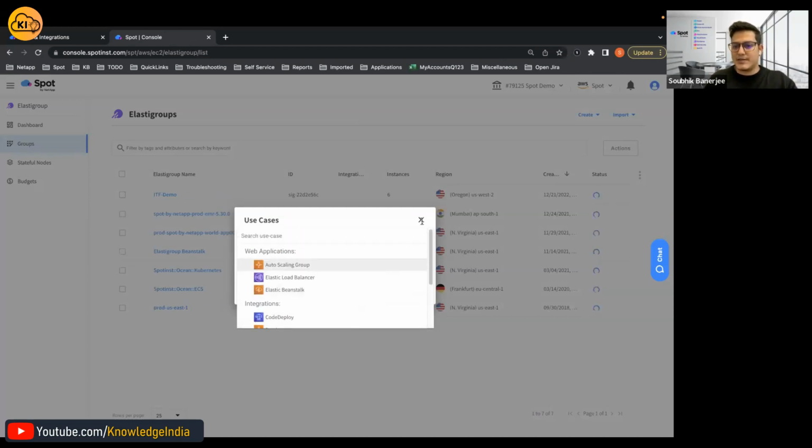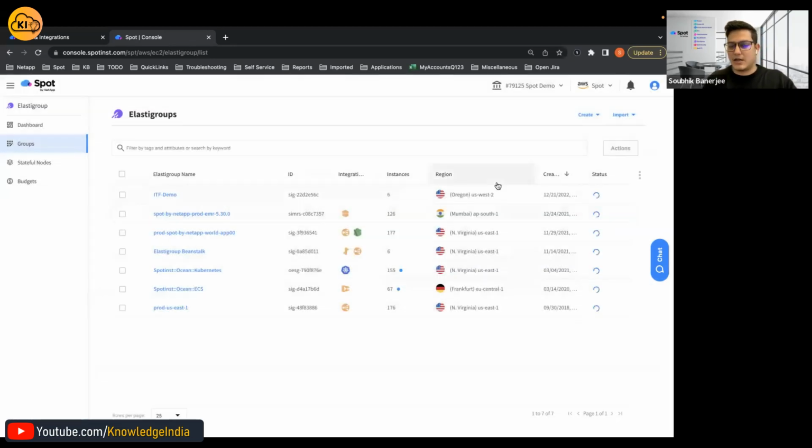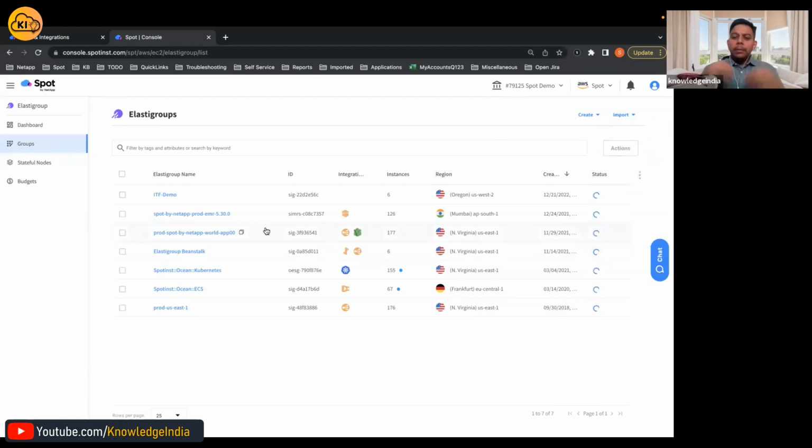Or, if you already have something running, say an auto scaling group on your AWS, you can just go to import, and import that particular auto scaling group or instance into Spot by NetApp's Elastigroup. It will capture all the attributes and then start managing it.